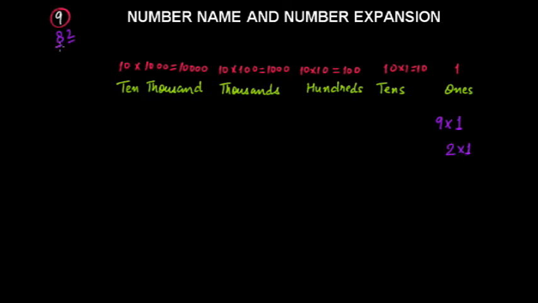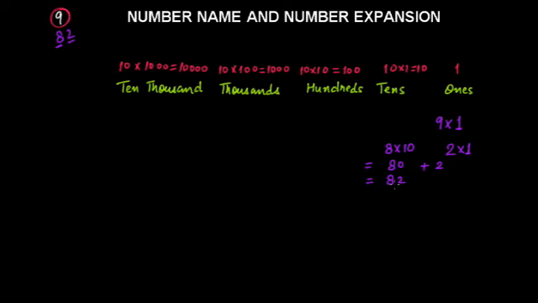This 8 is at the tens place, so we multiply it by the value of the place. Therefore it becomes 8 multiplied by 10 is 80, plus 2 multiplied by 1 is equal to 2. This gives you 82.